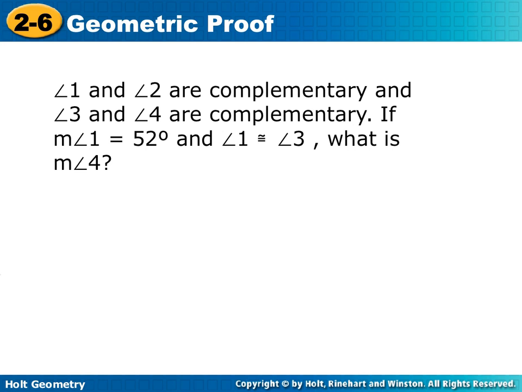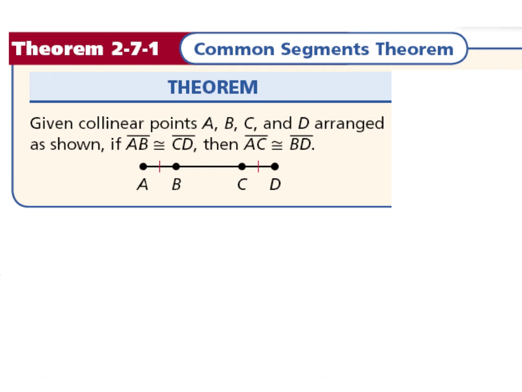They have to add up to 90. 3 and 4 have to add up to 90, so 38. So we got angle 4 to be 38 degrees, and it ended up being congruent to angle 2.